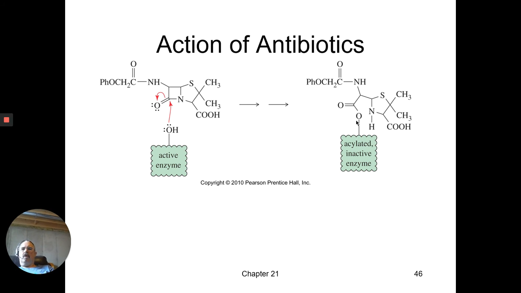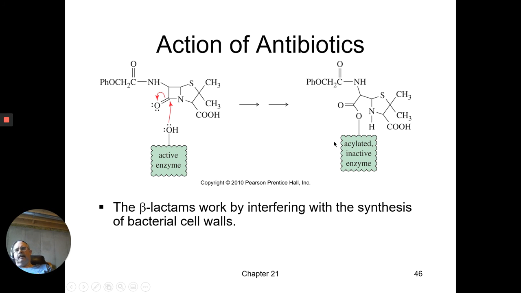The way that these work is that an active enzyme uses an alcohol group, or it could also be an amine group, to attack the carbonyl, and this gives us an acylated, deactivated enzyme. And the way that these kill the bacteria is by interfering with the synthesis of bacterial cell walls.